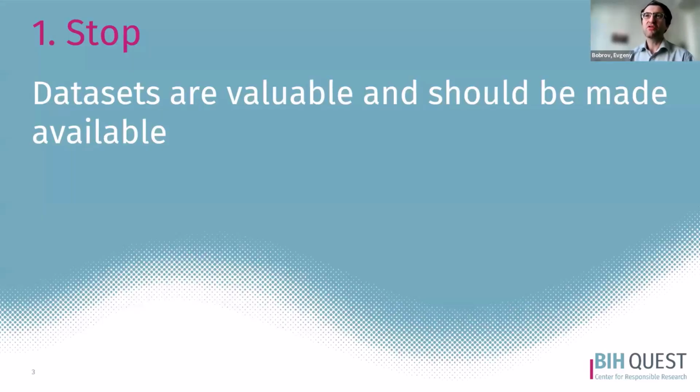So first of all, and this is why I said maybe some of you don't need more convincing about it, but I would like to briefly introduce the position that data sets are valuable and should be made available.